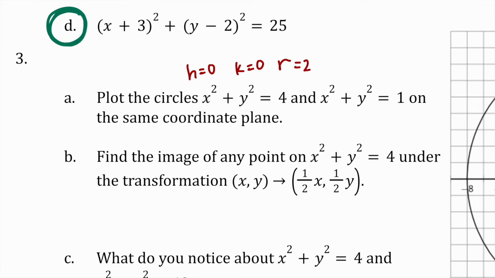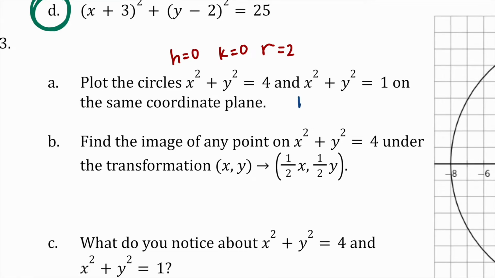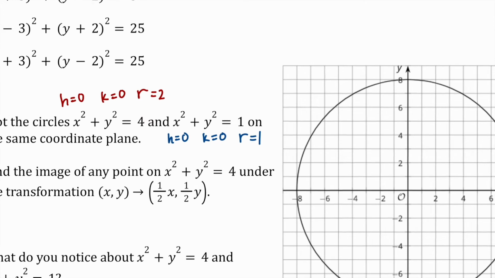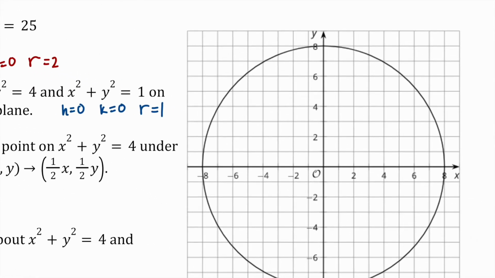And then same with this one below it, this is h being 0 and k being 0, but then the square root of 1, or the radius here, is 1. So we're going to plot those in red and in blue, respectively. So they're both centered at 0, 0.